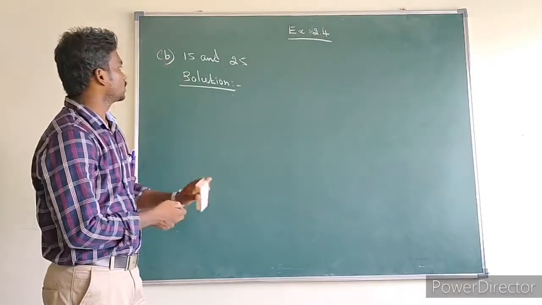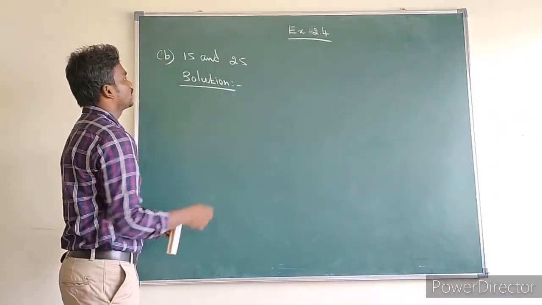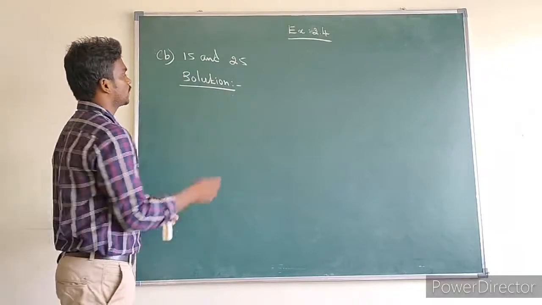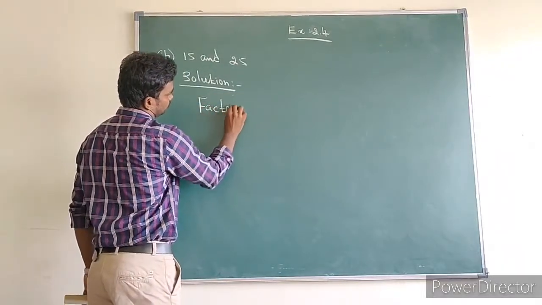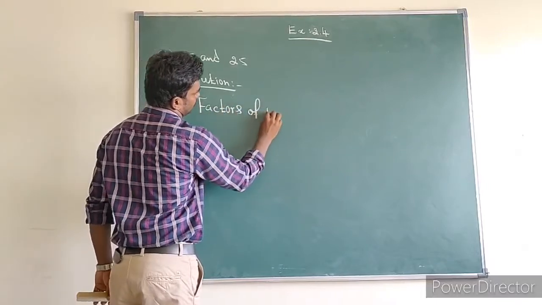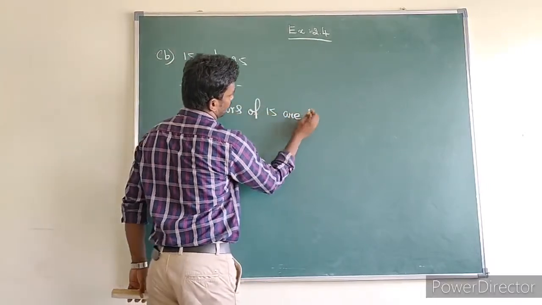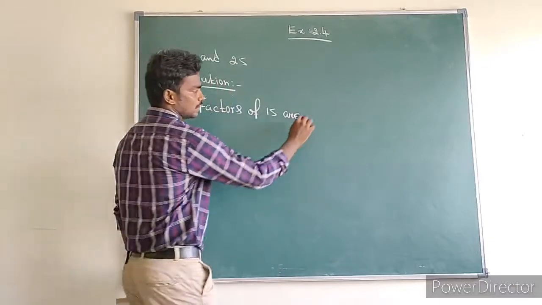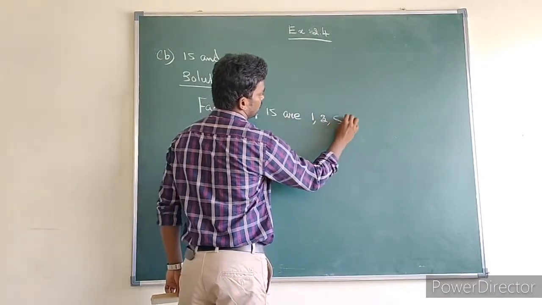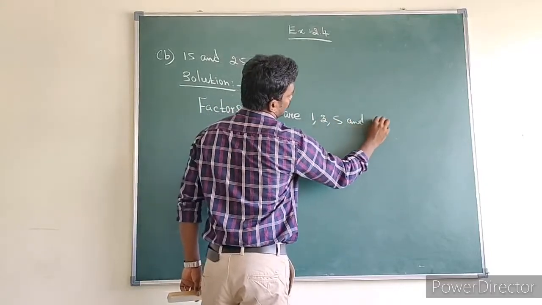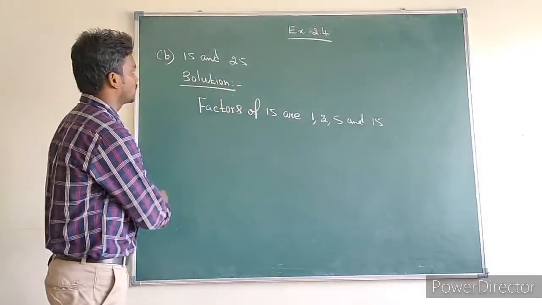So next, our B question: 15 and 25. We want to find the common factors of 15 and 25. So first we write the factors of 15. What are the factors of 15? 1, 3, next 5 and 15. So 1, 3, 5 and 15 are the only factors of 15.